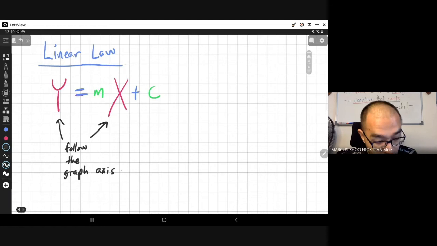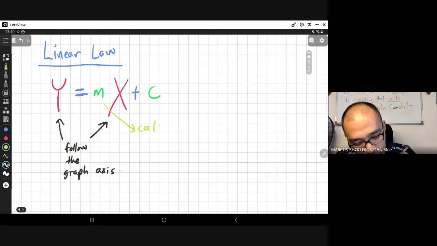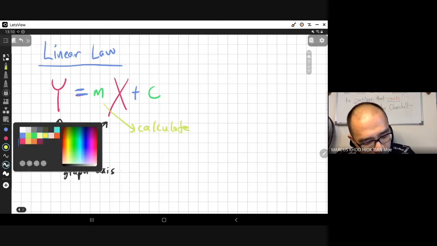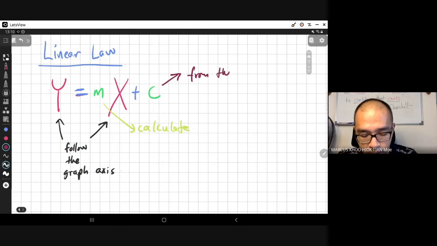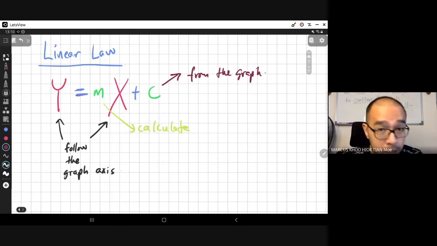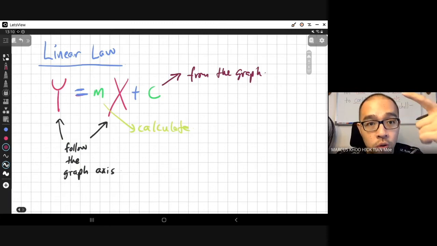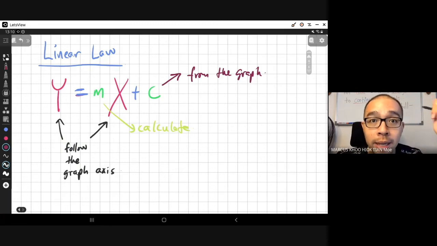The m, which is the gradient, you calculate. And the c is from the graph. That's basically linear law. You can change any equation into a linear equation as long as you know how to identify the gradient and you know how to identify the y-intercept, if there is a y-intercept.